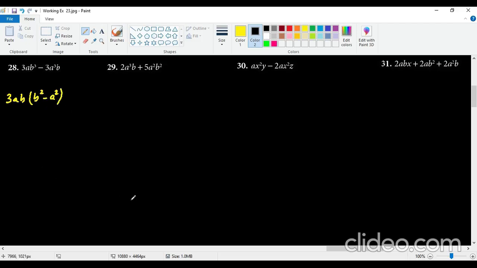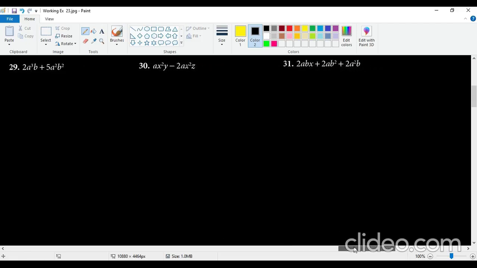Next is going to be 29. In here I can see that a square and b is common, but the first one is a cube. So I will keep a square outside and b square also outside. So the remaining is going to be 2a plus 5b.